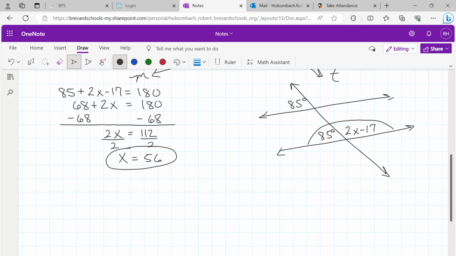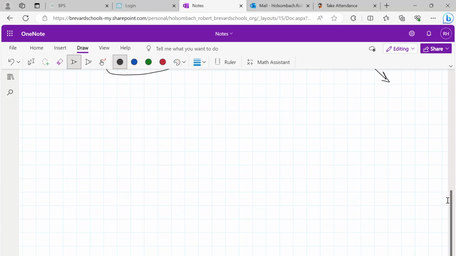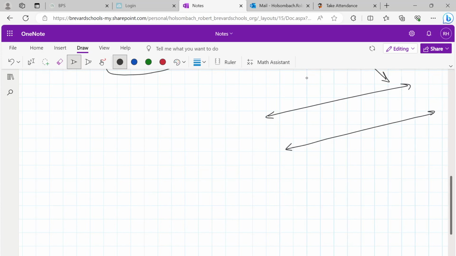All right, so draw that same diagram again. We're going to put some different information in it. Parallel lines cut by a transversal. Now we're told that angle 3 equals 4y plus 30, and angle 7 is 7y plus 6.